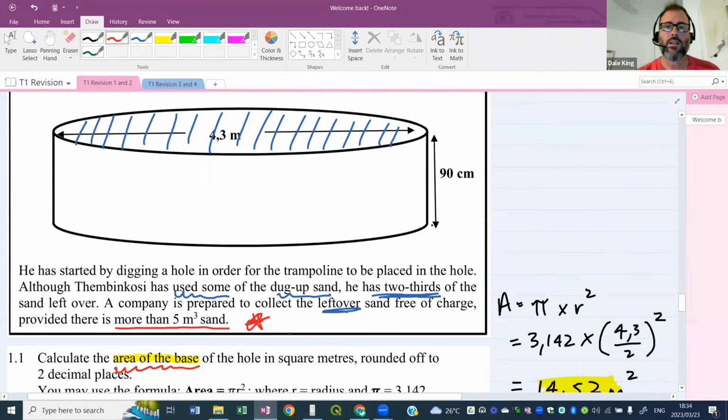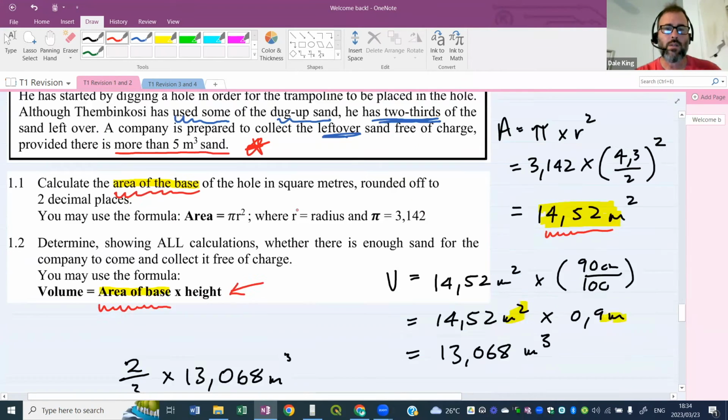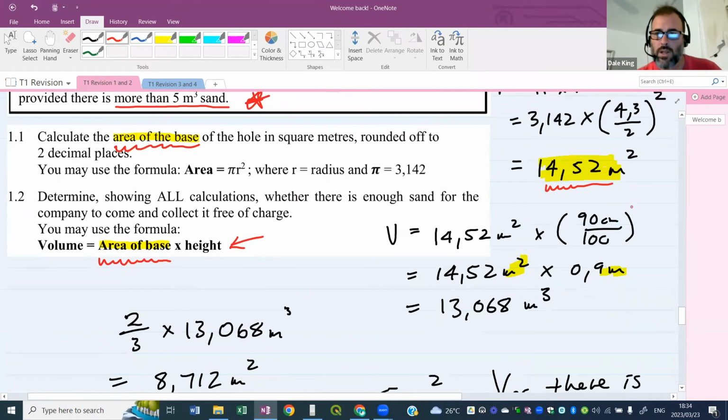So the height comes from this dimension here. On the drawing, it's 90 centimeters. Remember in the beginning, I said we're going to need to convert that, especially if we're working in meters cubed. So that 90 centimeters we had to convert. And if you look at my calculation over here on the right-hand side, that's where I converted it. I said 90 centimeters divided by 100 will change me to meters. And I need to be in meters for this question. Okay, that's it, Ava. Good.